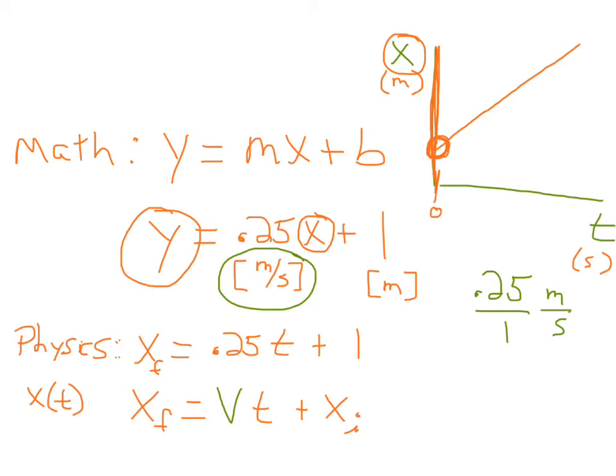And so this is a general equation that we're going to use and see quite often as we move forward here, that xf equals vt plus xi, and we can rearrange this equation. Rearranging this equation and solving it for v actually gets you the definition for average velocity.